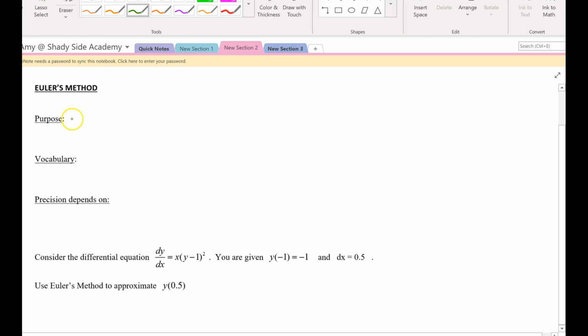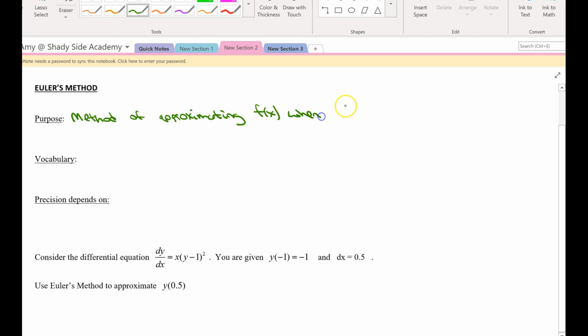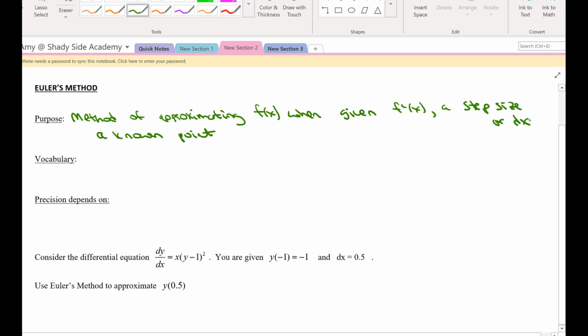So it is a method of approximating f of x, given f prime of x, a step size, or dx, and a known point.